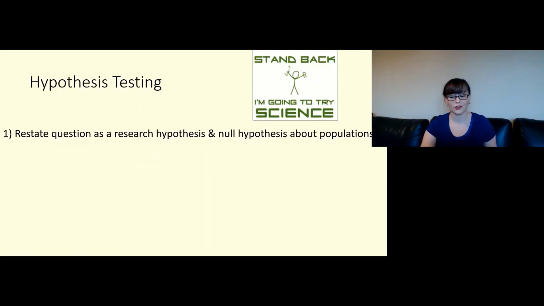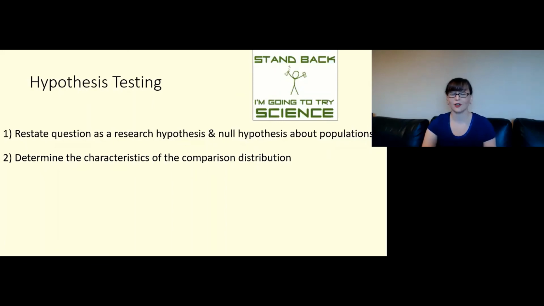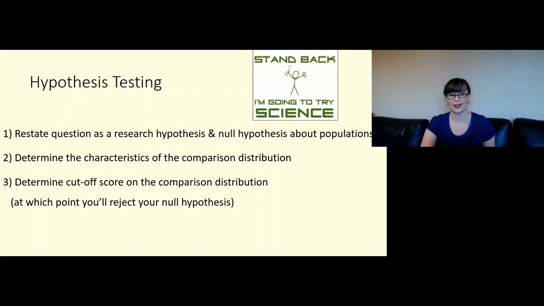And so our first step here is that we're going to restate our question as a research hypothesis and a null hypothesis about populations. Our second step is that we're going to determine the characteristics of our comparison distribution. Next, we're going to determine the cutoff score on our comparison distribution.